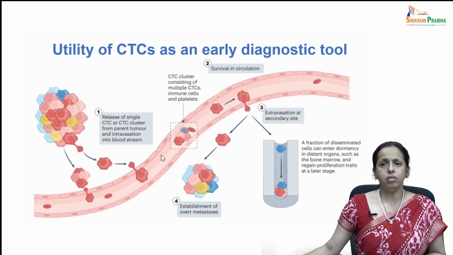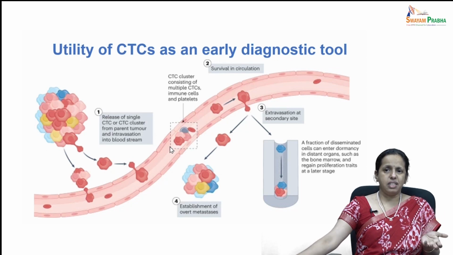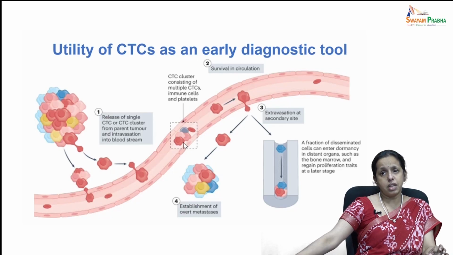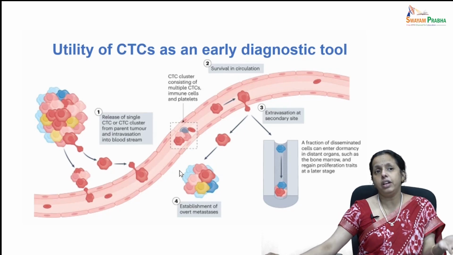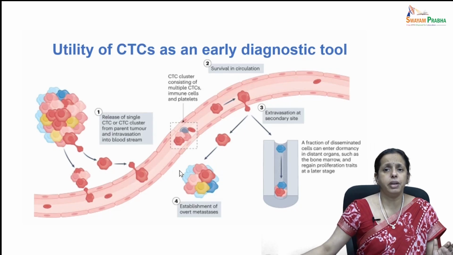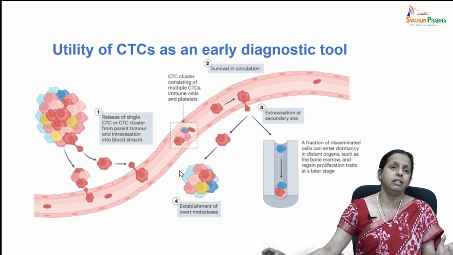So basically, with very high-end MRIs or PET CTs, usually you can detect your primary tumors and metastases that are very well established. To be visible in your PET, MRI or PET CT, the cell count should be greater than 10 to the power 9. So just imagine, by that time.